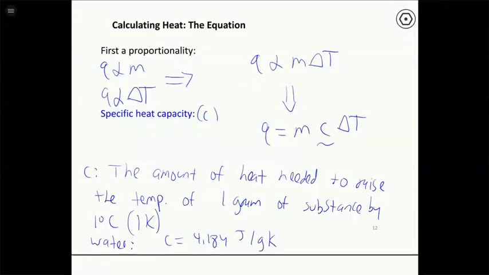So this means that to raise 1 gram of water by 1 degree Celsius, you have to put in 4.184 joules. And so if you want to calculate the heat flowing into or out of water for a different amount, you need to know the mass and you need to know the change in temperature. The product of those three terms, mC delta T, will tell you the amount of heat that either went into the water or out of the water. Okay?